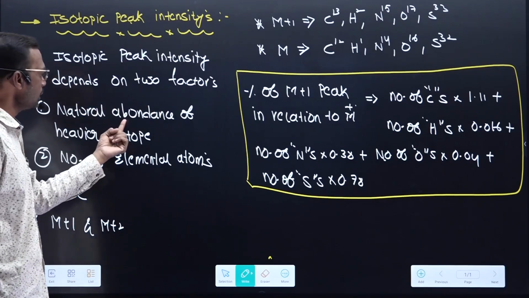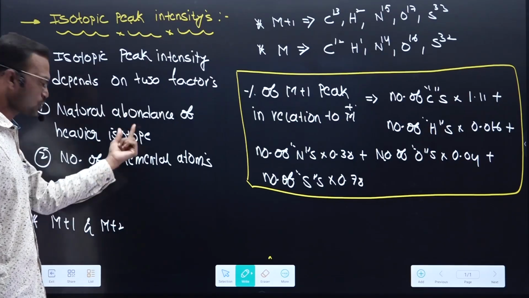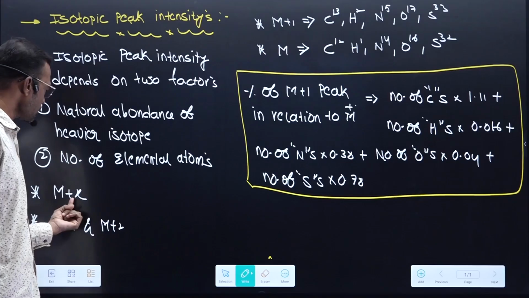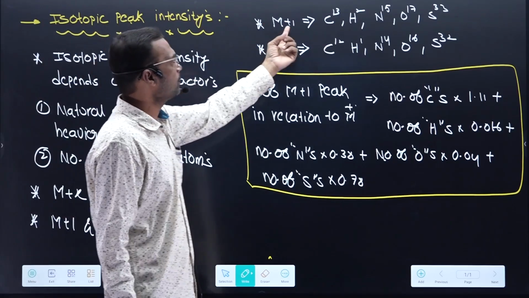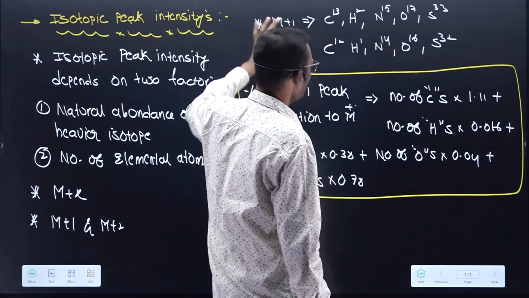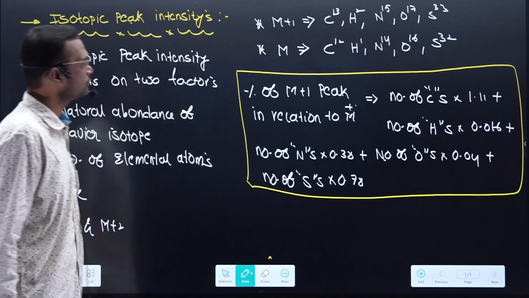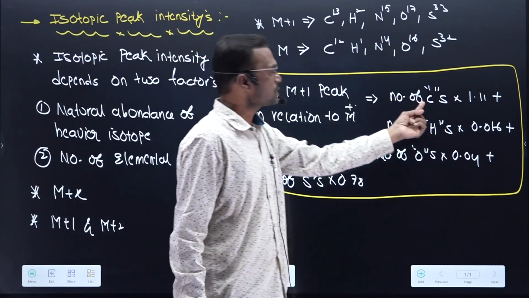First factor is how many elements are present, and the second is the natural abundance of those elements. Then generally isotopes are represented by m+1, m+2, normally X. m+1 contributors are these elements. So this peak intensity depends upon the molecular ion peak intensity. So we can calculate percentage of m+1 peak by adding these elements and their abundance.